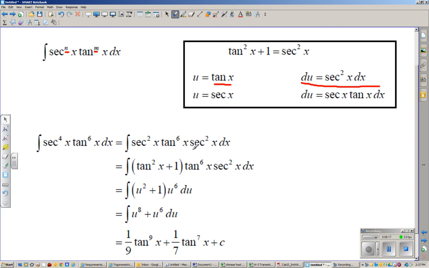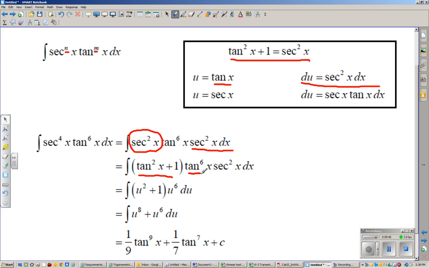So I'm going to peel off a secant squared dx by itself, and then I'm going to re-express the other secant by using that trig identity that I've put up here, that's related to sine squared plus cosine squared equals 1, right? Anyway, sec squared is going to get replaced by this.